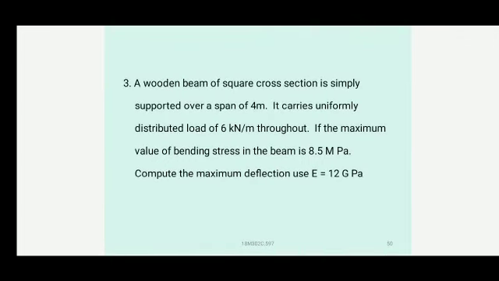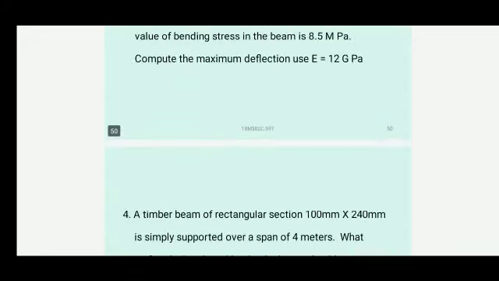Another problem: a wooden beam of square cross section is simply supported over a span of 4 meters. It carries a uniformly distributed load of 6 kilonewton per meter throughout. If the maximum bending stress in the beam is 8.5 megapascals, compute the maximum deflection. Take E equal to 12 gigapascals.